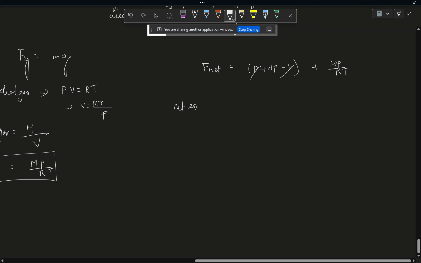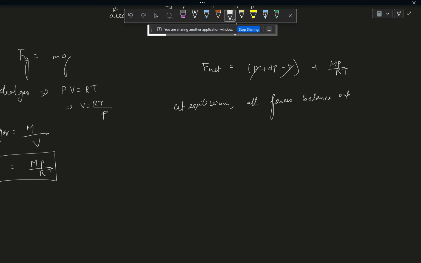Now because you are also saying that this gas layer column is at equilibrium, the net force F net is equal to 0. So in that case dP plus MP by RT equals 0.